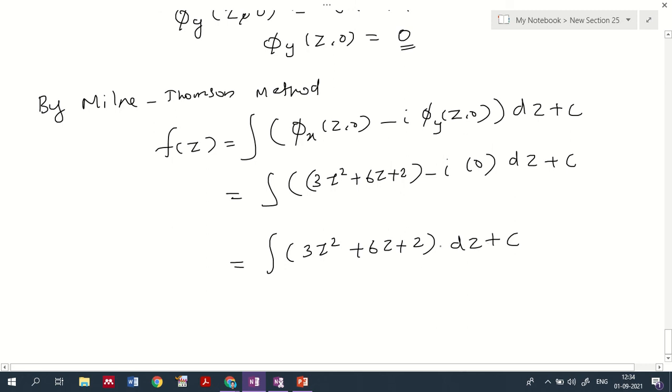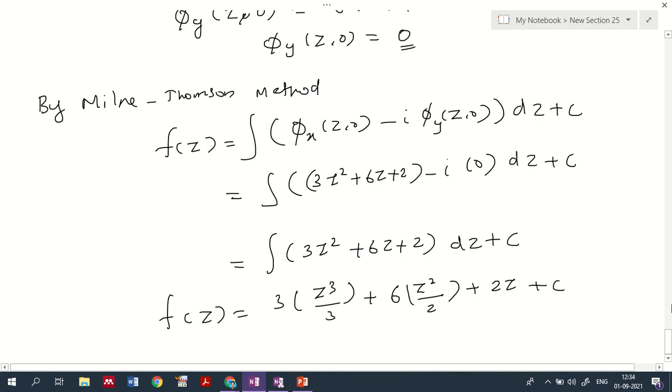Okay, and if I do the integration here, then the integration term corresponding to that, it will be getting 3 into z cube by 3 if you integrate 3z square. Okay, plus 6 into z square by 2 will be there, plus 2z will be there. We are integrating with respect to z, then we'll have plus c as well.